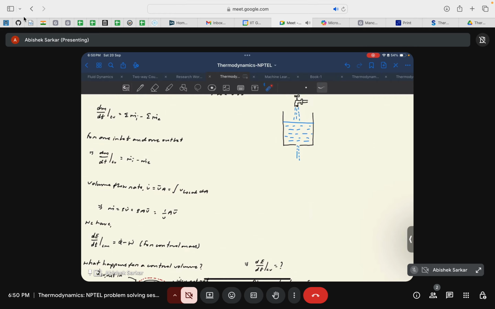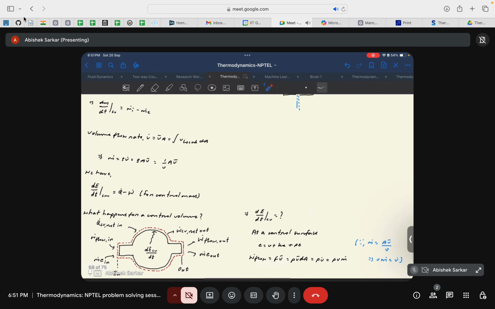So you can easily take volume flow rate to be velocity times area, and the mass flow rate to be density times the volume flow rate, or rho A v, or 1 by specific volume, that is small v, times A v bar, where v bar over the velocity v basically represents an average velocity.